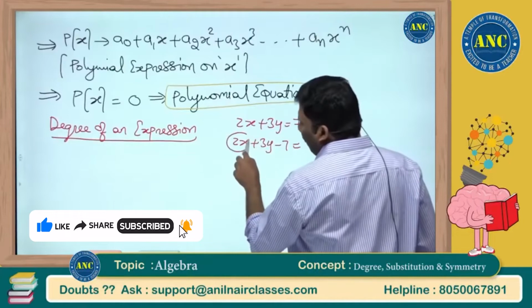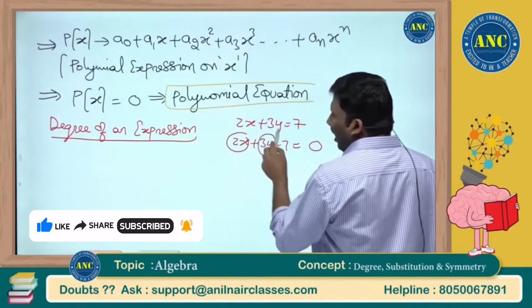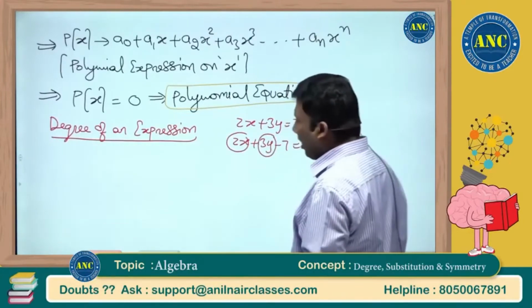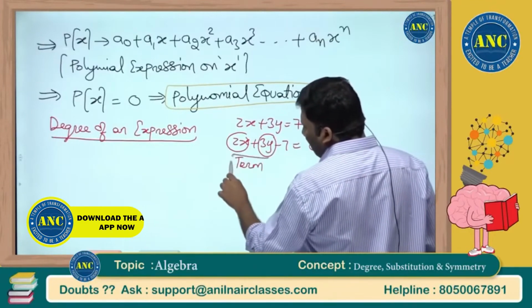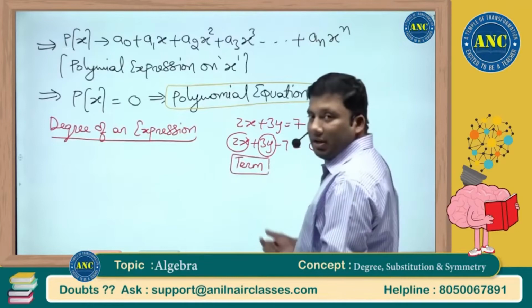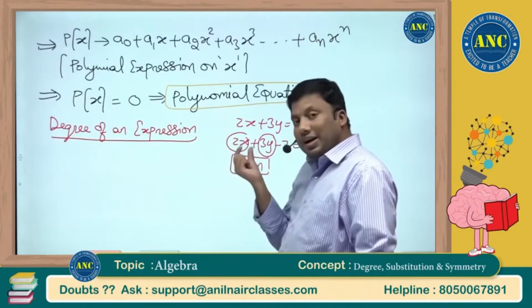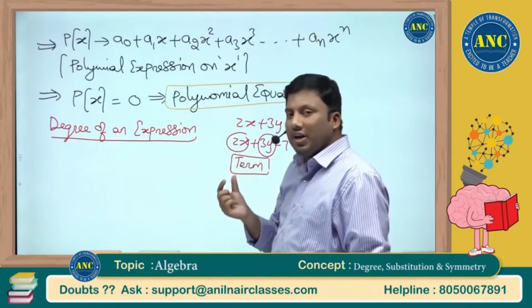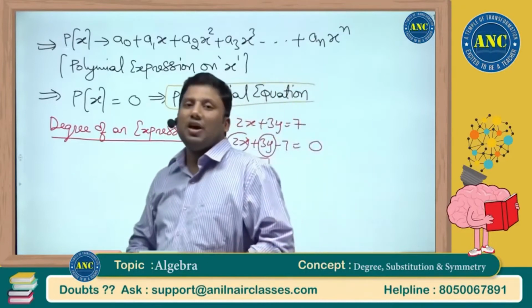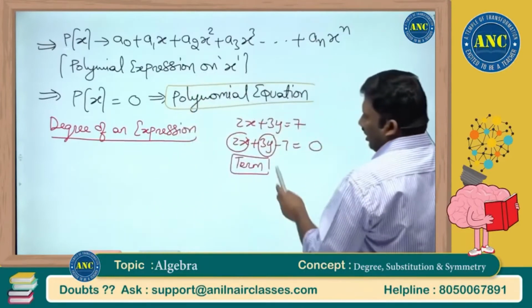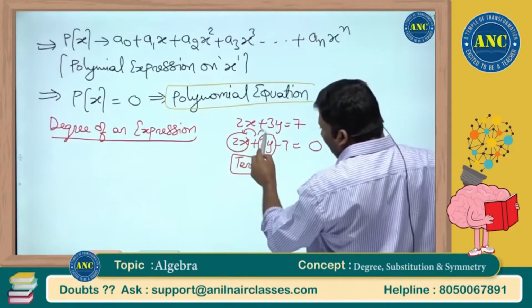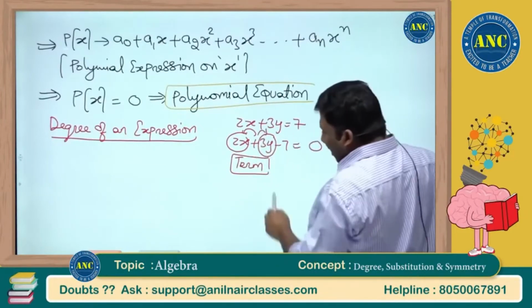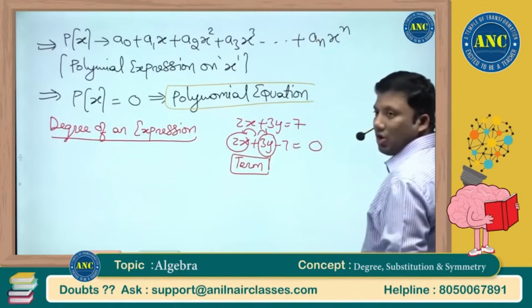So anything before a mathematical operator or anything after a mathematical operator is called a term. A term contains either constants or variables or a combination of variable and constant.